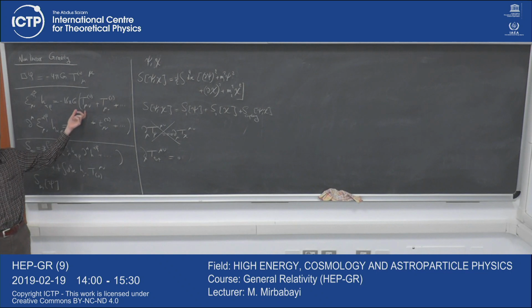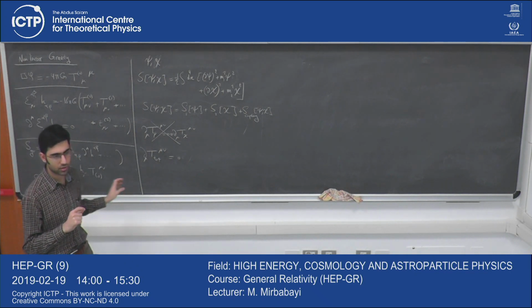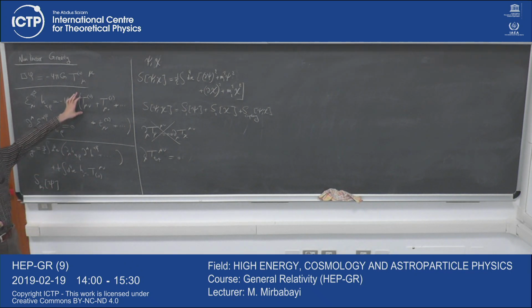This T^μν is conserved as long as I can neglect the interactions between the two sectors. The moment I want to take into account those interactions, then this T₀ will not be conserved. There will be a total T^μν that is conserved, which has to know about the full action, not just one of them.